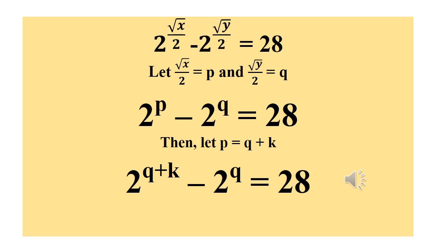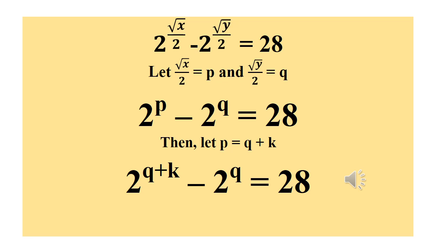So it then follows that we can represent square root of x over 2 as p and square root of y over 2 as q. Then we can plug in these two values. Then we have 2 raised to power p minus 2 raised to power q equals 28.